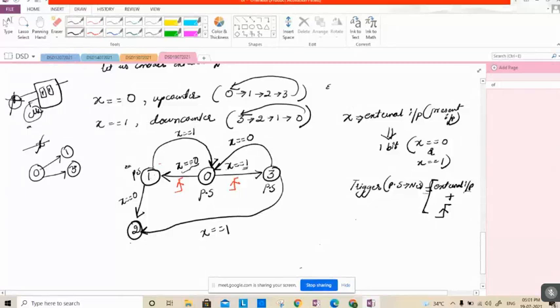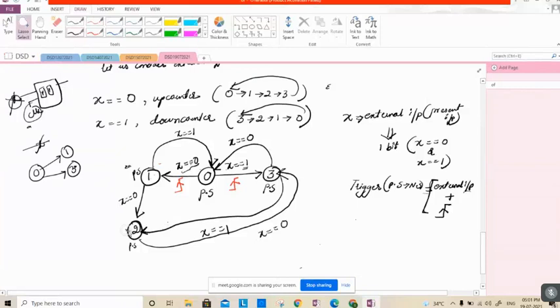So if present state is 2, x is equal to 0, what will happen? 3 sir. Right. X is equal to 0. Present state is 2, x is equal to 1, what will happen?